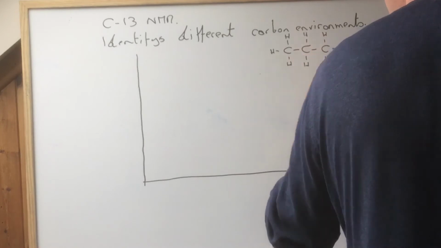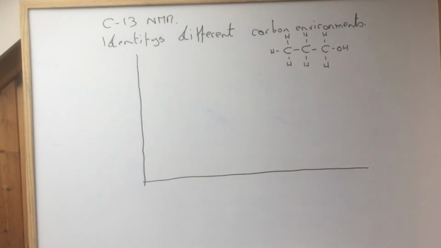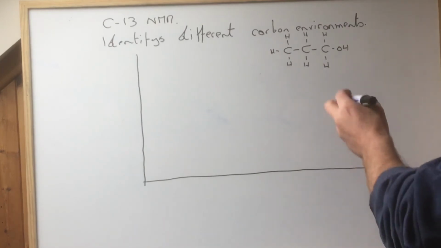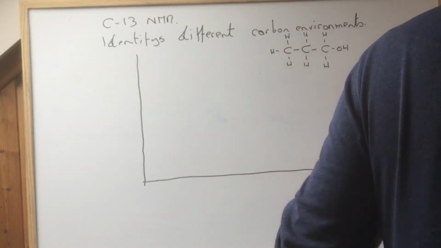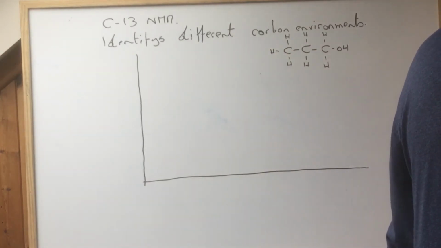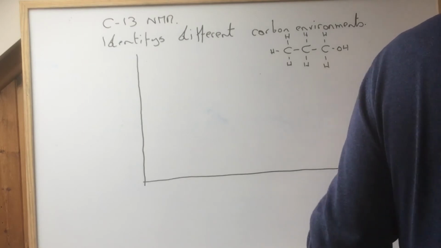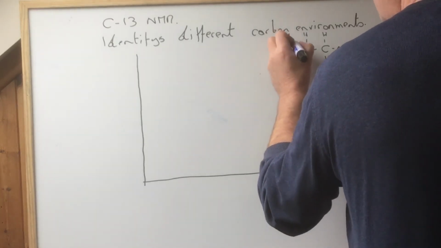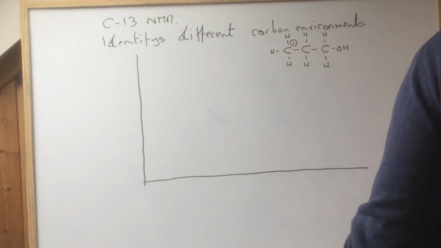There it is. How many different environments? Carbon. Not interested in the protons, I should keep saying that. Well, you've got a carbon joined to a carbon here, which appears to be, let's have a look at my sheet, somewhere between 0 and 50. That one there, somewhere between 0 and 50, C-C.